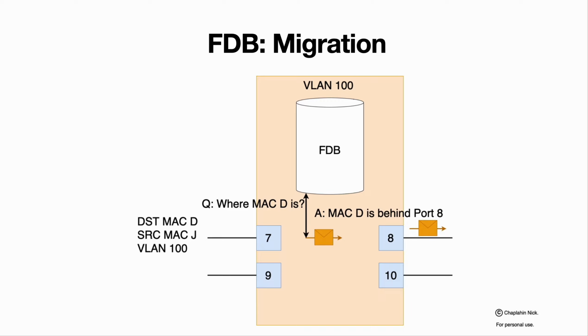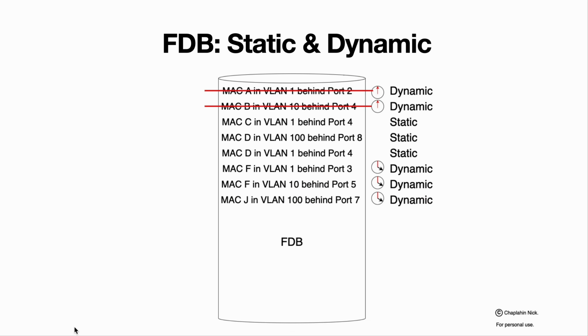And there is one more functionality related to the FDB that you should be aware of. This is the so-called static and dynamic behavior. Entries in the FDB can be added in two separate ways. One is by the learning procedure, automatically by the system. That will be a so-called dynamic entry.